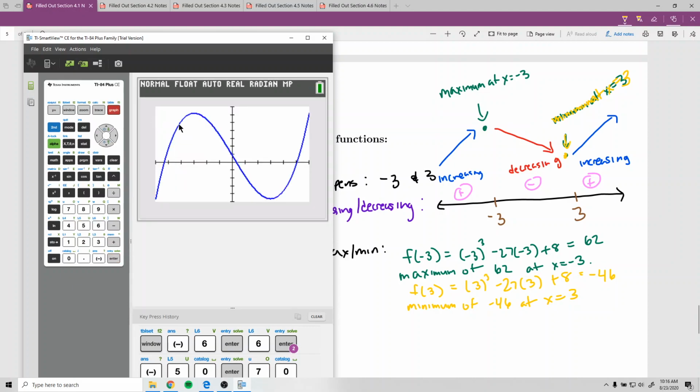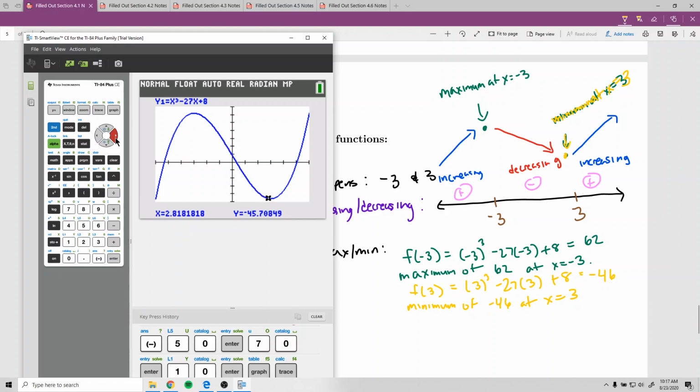But if you graph this, then you can trace or even find your maximum and minimum and see that it agrees, but we can just estimate it. Look up here. Oh, actually, it's perfect. We traced over and see that we have a maximum at x is negative 3 and y is 62.